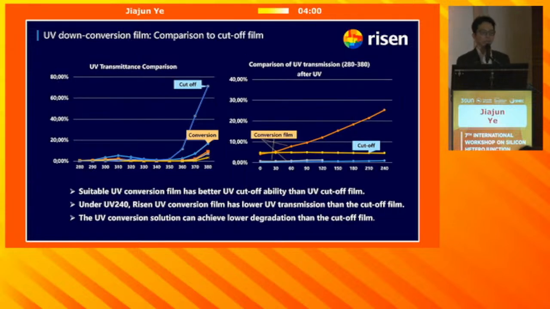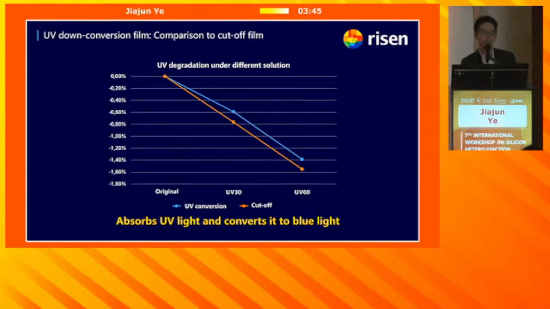By introducing this technology, compared to a cut-off film, you can see the transmittance of the blue one is the cut-off film. And we can see from here that the transmittance will be much lower compared to the cut-off films after years, which means we have better reliability. With this film, we can also reduce a lot of UV degradation. In this diagram, we can see after the UV 60 test, the degradation loss is 0.2% lower compared to the UV cut-off film.